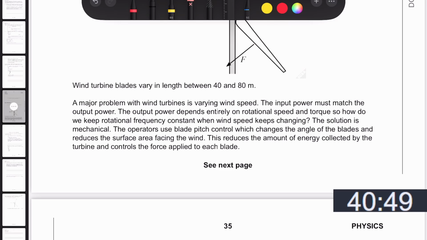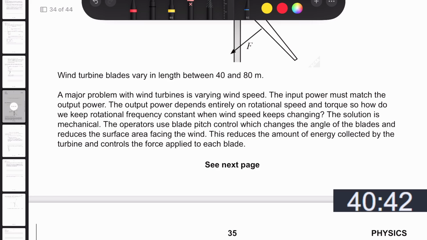A generator converts the kinetic energy of the turning shaft into electrical energy. What does it mean by the input power must match the output power?